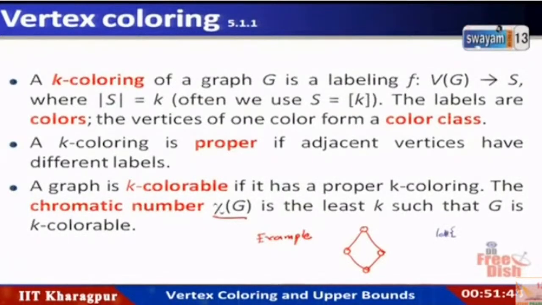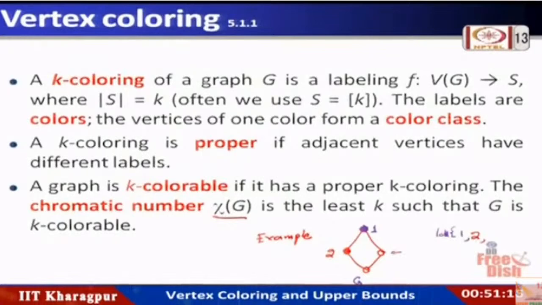So let us say how many labels are required for this particular graph G. This label is proper if the adjacent vertices are receiving different colors. For example, if we color and say that this particular color is having label 1, then these two adjacent vertices cannot receive the same color. So let us give it another color and let us call it as 2.